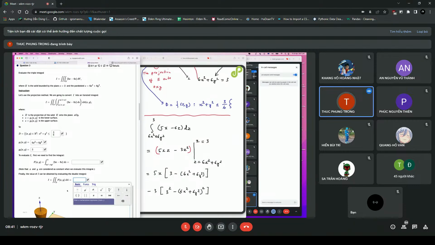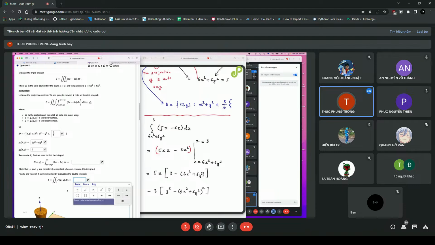From here, we know that the triple integral over E is exactly the double integral over the region D. The region D we have is right here, the disk. And then inside we have the function right here.